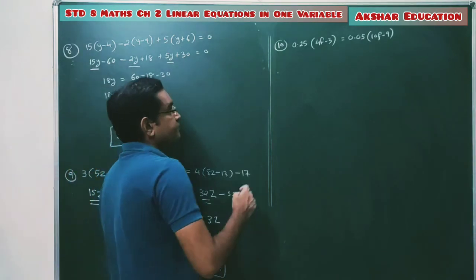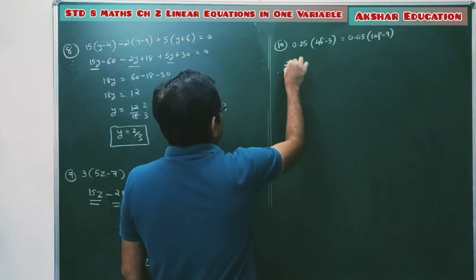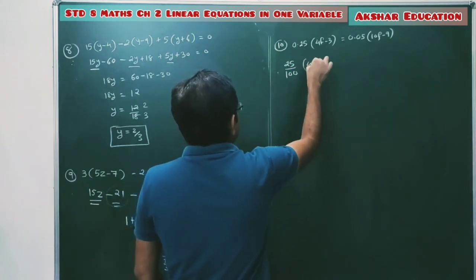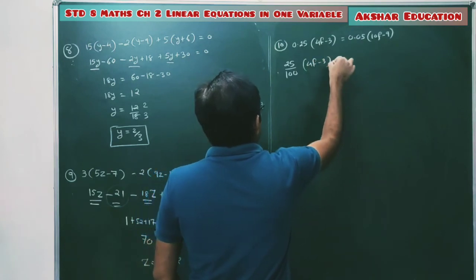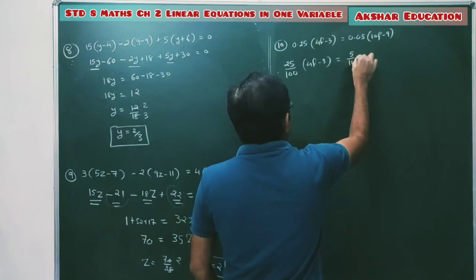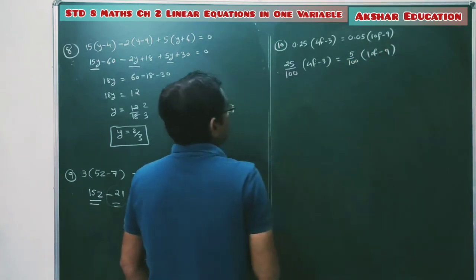Equation number 9. Now here 0.25, so it's 25 by 100, into 4f minus 3. This is equal to 0.05, so it's again 5 by 100, into 10f minus 9.